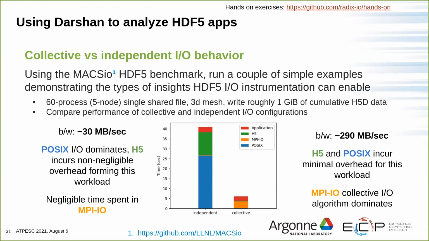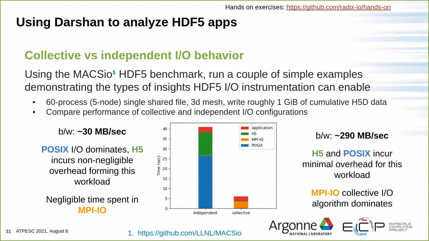This particular example is MACSio, which is a pretty representative I/O benchmark for HPC. It does 3D particle meshes, and it has an HDF5-enabled backend, which makes it attractive for testing out this HDF5-enabled version of Darshan. I was able to do a pretty small-scale 60-process, 5-node example, writing to a single shared file, about a gigabyte of data using HDF5, and just wanted to compare performance of collective and independent I/O configurations.